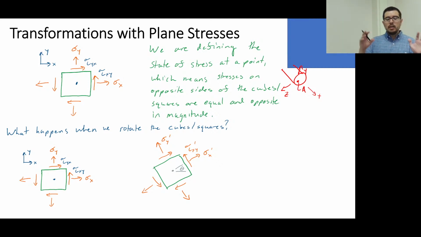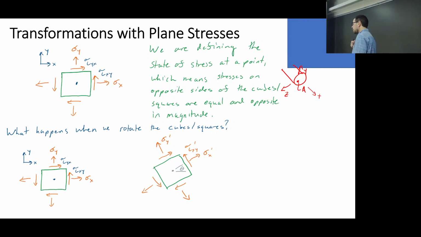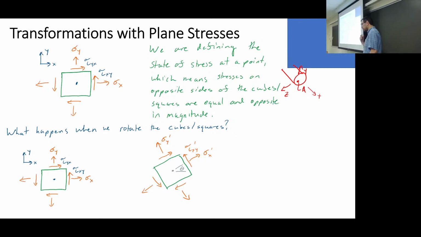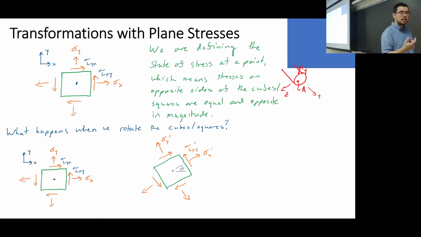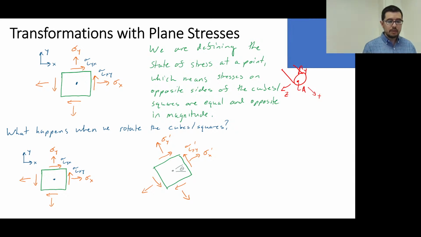But here, we're trying to keep it simple. We said sigma z is going to be 0, and tau yz and tau xz are going to be 0, so let's rotate about that z-axis, and let's define that rotation with a theta.